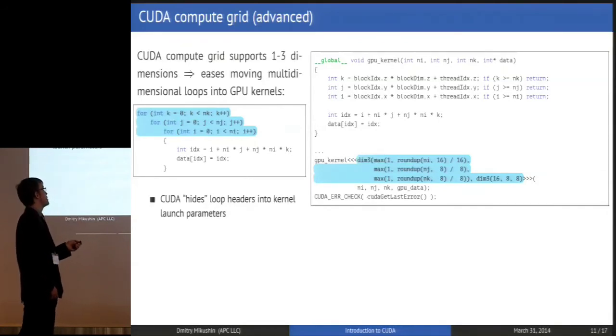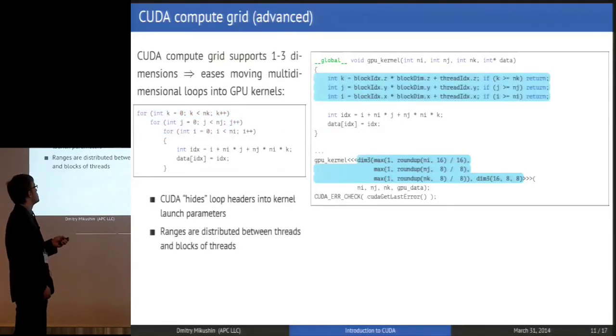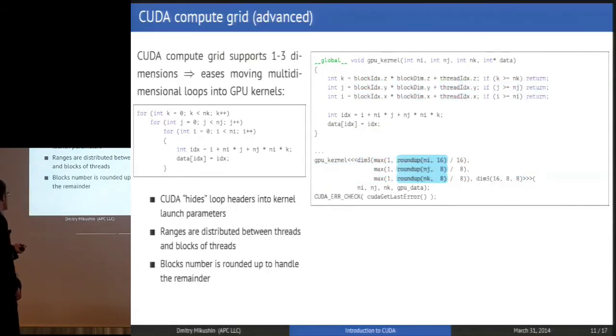We only specify the index ranges of these original loops, and these ranges go into the launch bounds of the kernel here. Ranges are distributed between threads and blocks of threads, and the number of blocks is rounded up to handle the remainder.